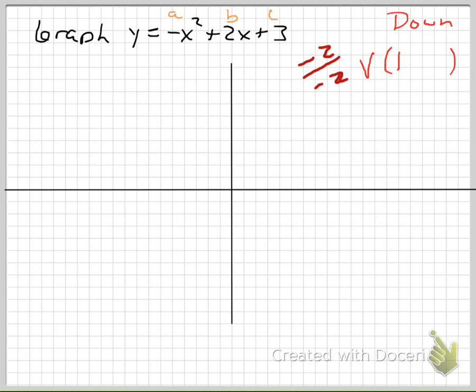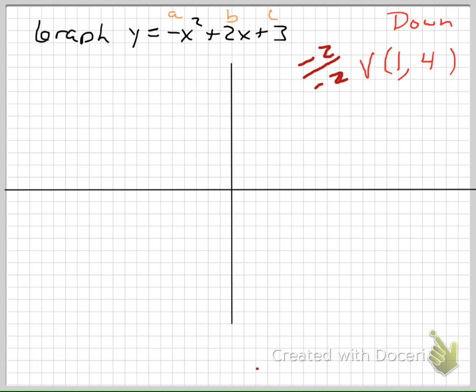Now, you have to do your plug and chug. Put 1 into the equation, and you should get 4. If you got 6, that means you did your negative x squared wrong. You have to square it first, then make it negative.